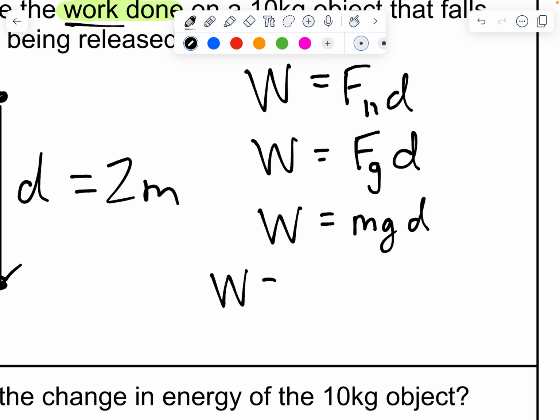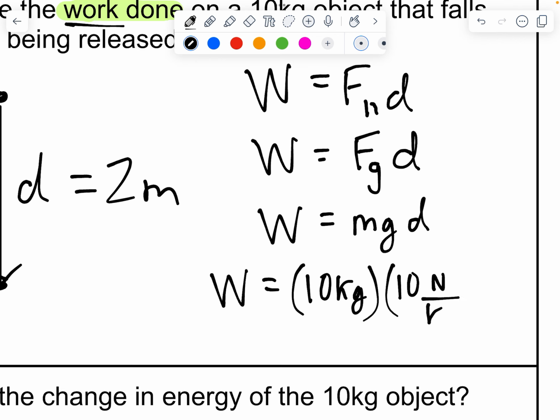We can say the work done by gravity on this object is the mass, 10 kilograms, times g, which is 10 newtons per kilogram, times the displacement, 2 meters.